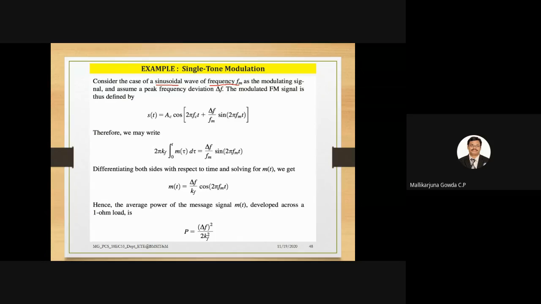So this is another way of expressing the frequency modulated signal. So we can write the second portion of this equation.